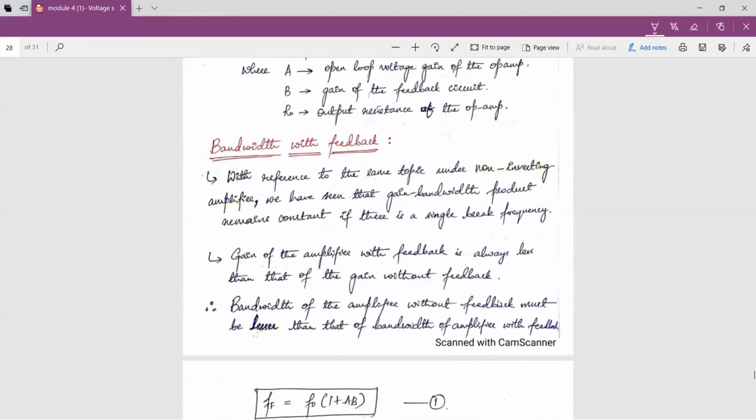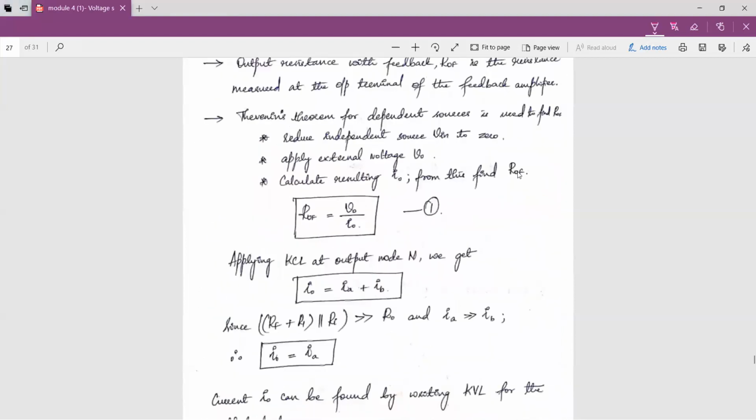And the next topic is bandwidth with feedback. While studying the bandwidth with feedback in case of non-inverting amplifier, we considered a graph.